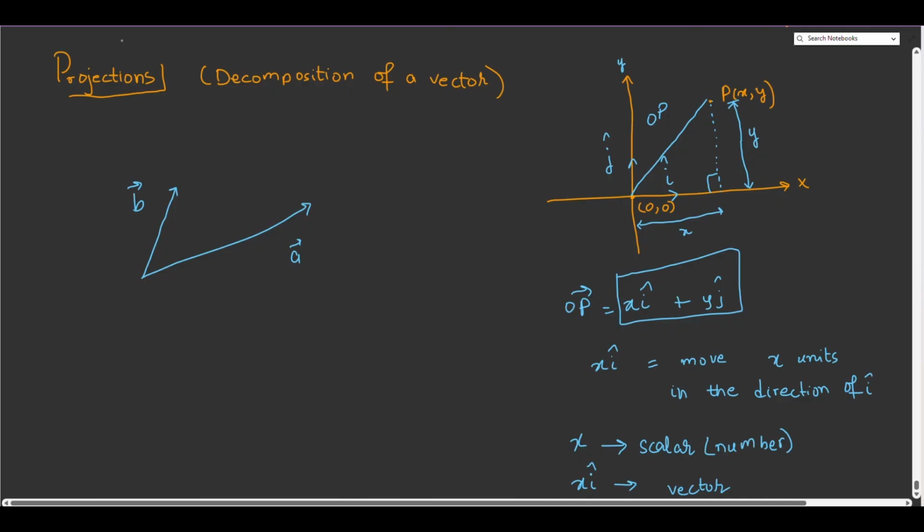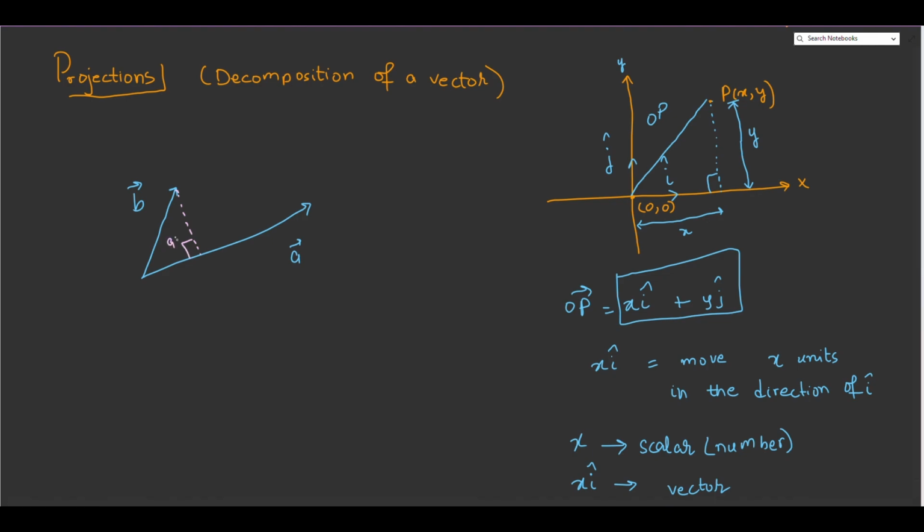What you have to do is, from the head of the vector B, draw a perpendicular line to the vector A, so that here you have 90 degrees. This distance is the same as x. If you only consider how long it is, it is called the component, or scalar component, of the vector B in the direction of the vector A.